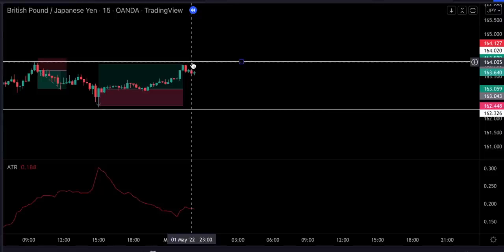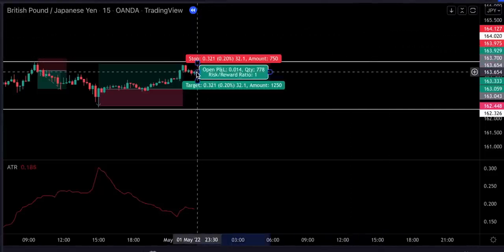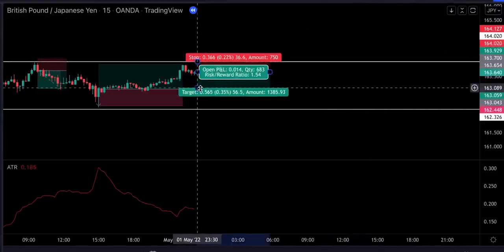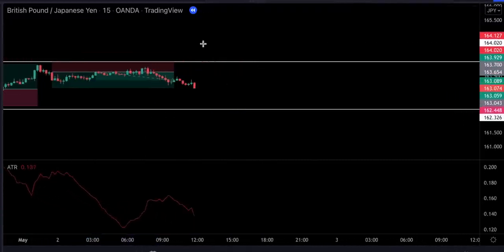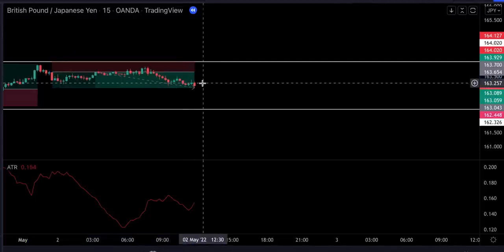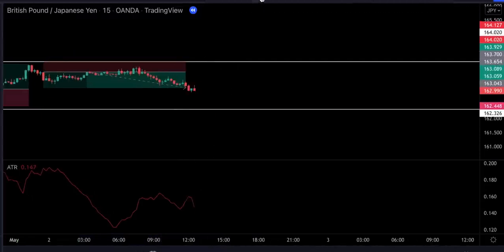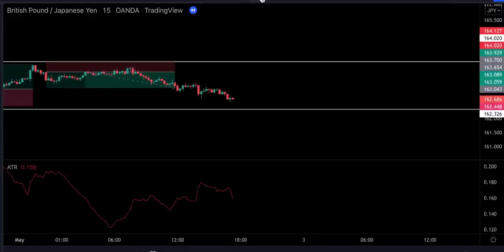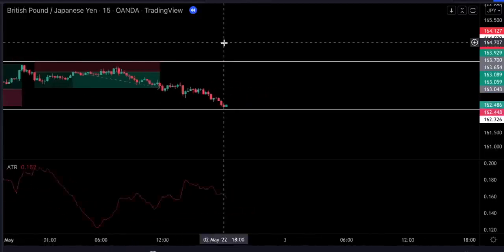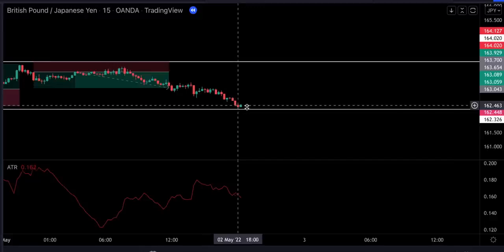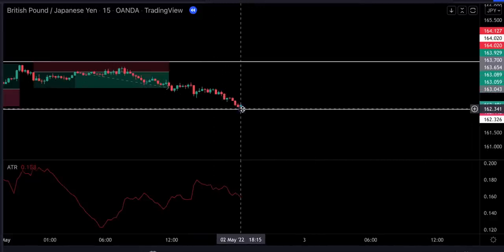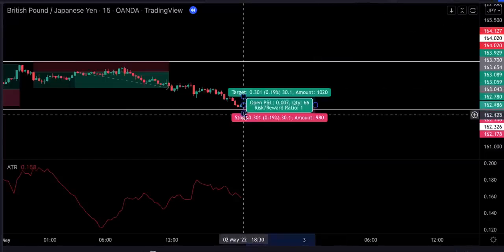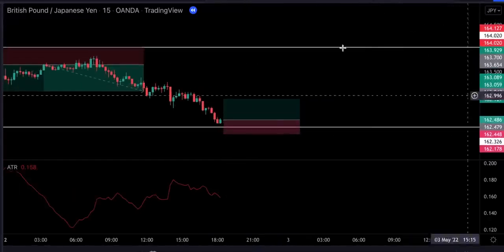So let's actually place a sell order. Okay, so we see we've got another successful trade. Okay, so this is where we had a strong bearish momentum and the price got rejected by this support level.